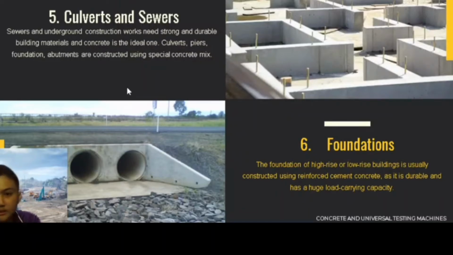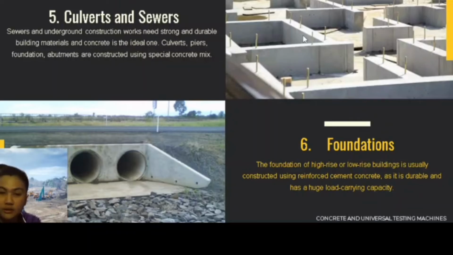Ang pinakakilalang ginagamitan ng concrete, syempre yung foundations. The foundation of high-rise or low-rise buildings is usually constructed using reinforced cement concrete, as it is durable and has a huge load carrying capacity. Ayan, kung makikita natin sa image na nilagay namin, yung foundations, hindi lang siya basta concrete.